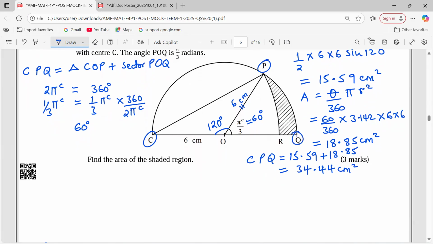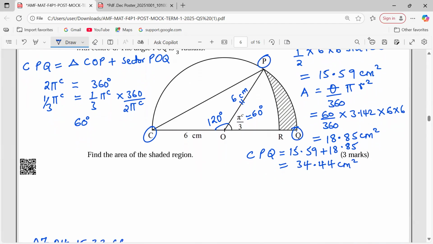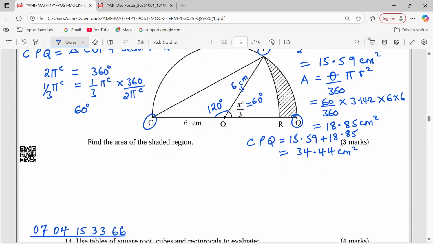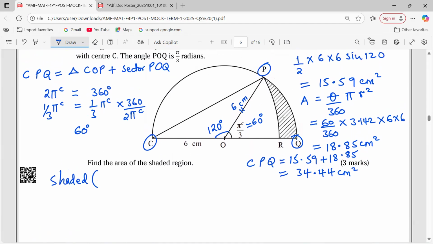So now for us to get the area of the shaded part, let me name the shaded part actually. The shaded area, which is PRQ, will be given by the whole CPQ minus the sector CPR.